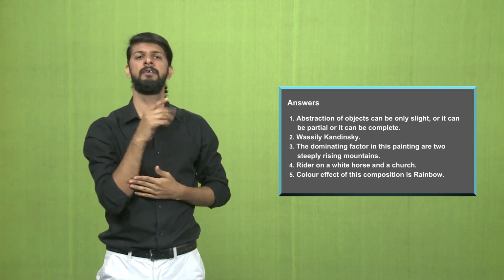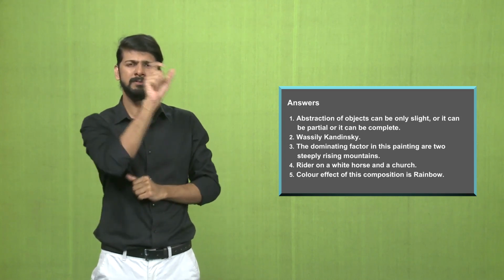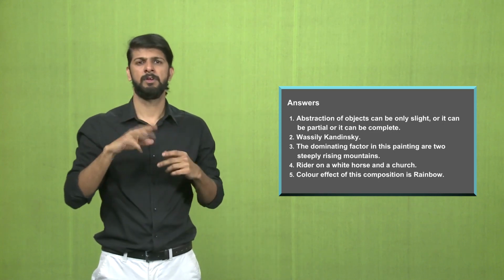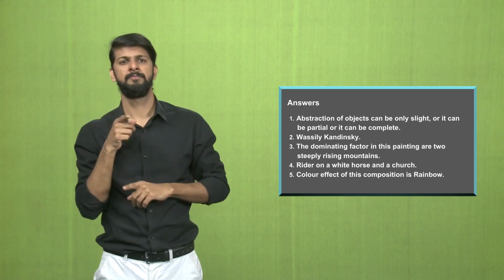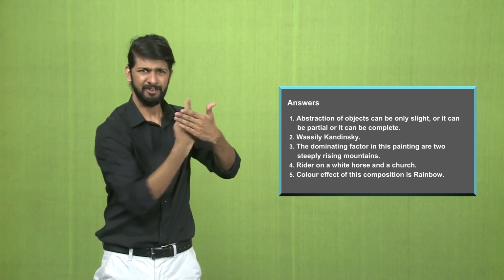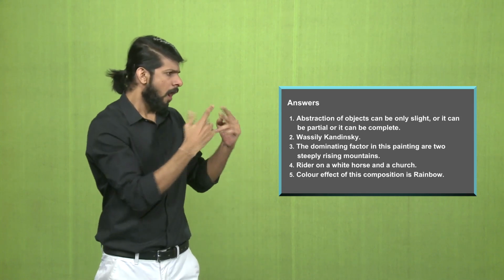For example, a house can be placed on its roof. Answer number 2. The famous artist of abstract compositions is Vasily Kandinsky. Answer number 3.